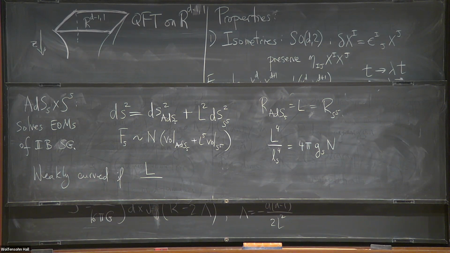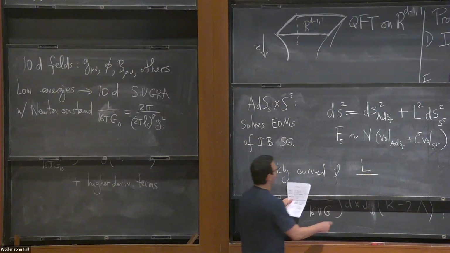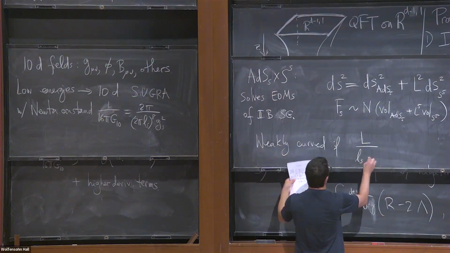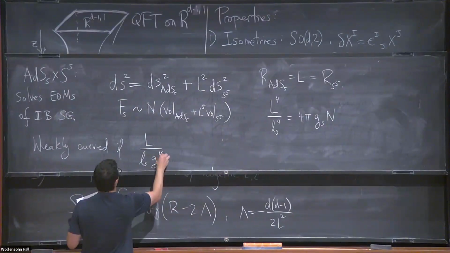What other units are natural in the theory of gravity? Planck units. How do we figure out the Planck length? From G10, the Planck length is Ls times Gs to the power 1/4. So L divided by Ls is Gs to the power 1/4.